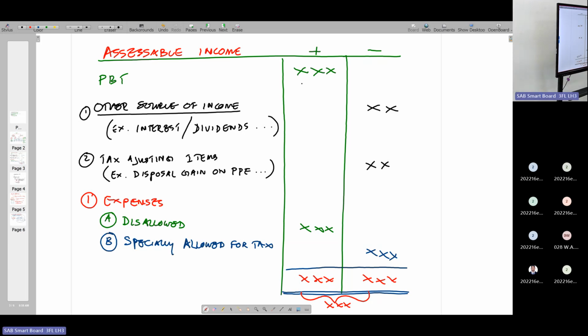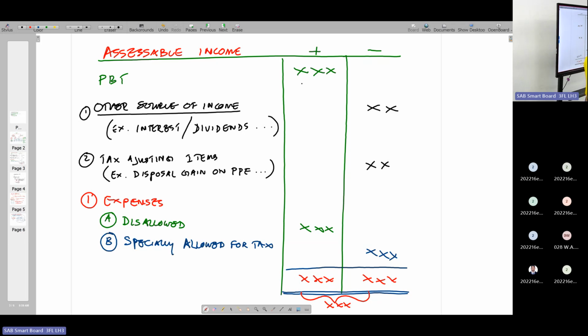First I have to eliminate the accounting treatment, and thereafter the tax treatment, and then I go with the expenses side. If there are any disallowable expenses, I cannot allow them when I am working on the assessable income from business. That particular expenditure has already been deducted when we work on the profit before tax, therefore I have to add back definitely, right?